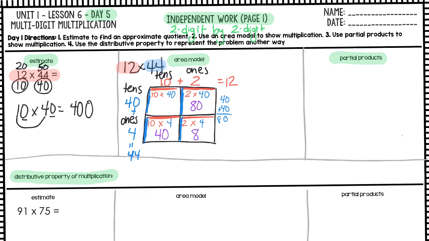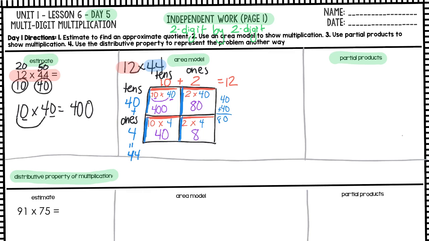And so then again, I'm going to say, all right, 1 times 4 is 4. And then I can see that I have 2 zeros, 1 in the ones place and 1 in the tens place. So I have 10 times 40 is 400. There we go. Now I'm going to add these all up.